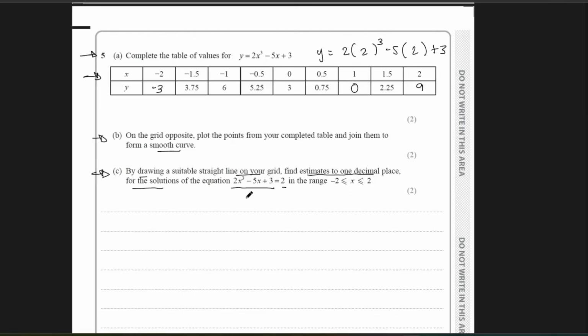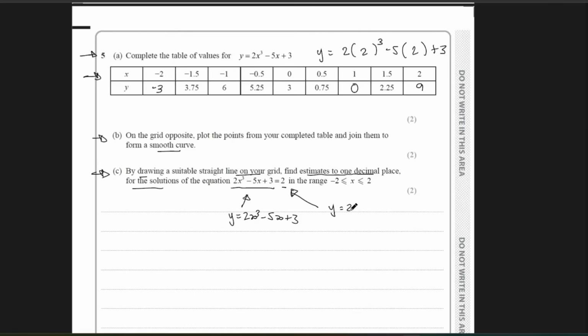So if we look at this equation, this is basically the curve that we just drew, y equals 2x cubed minus 5x plus 3. And this has been equated to another equation, which is y equals 2. And y equals 2 would be a straight line, a horizontal line. So equating these two equations means that we need to find the intersection points of these two lines.